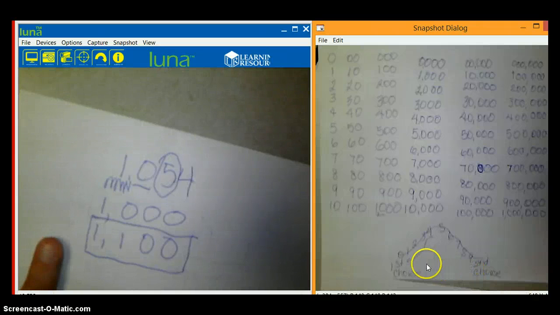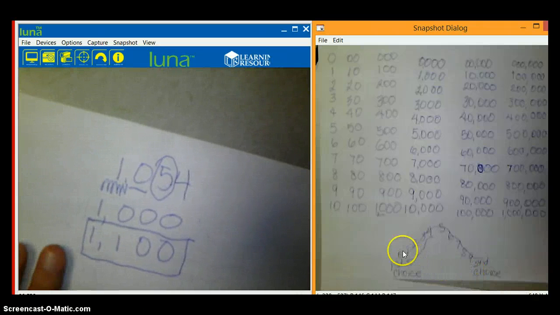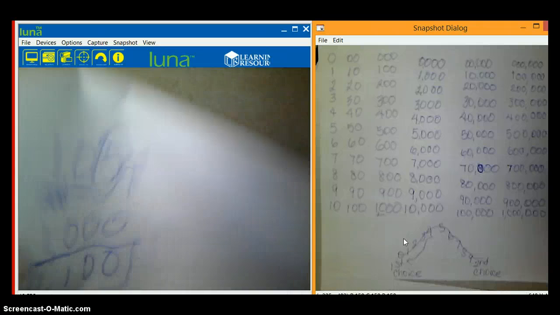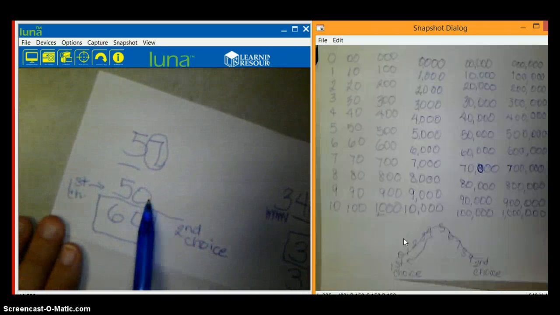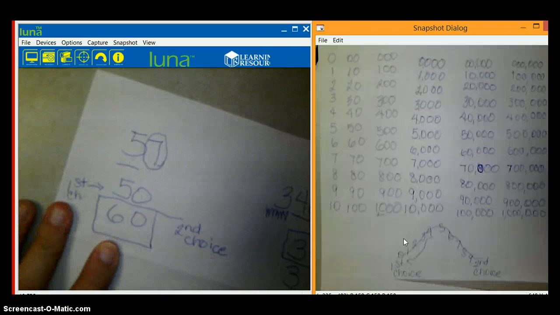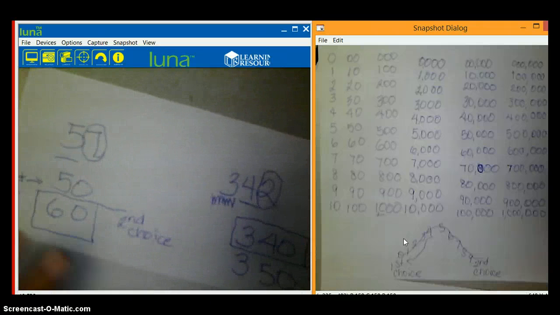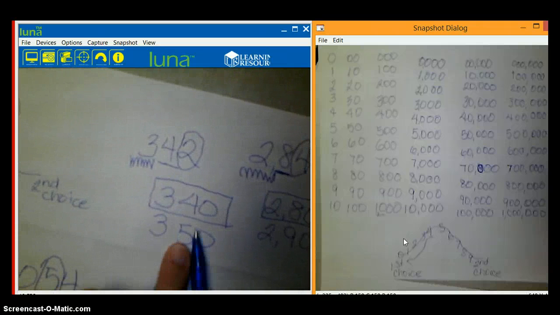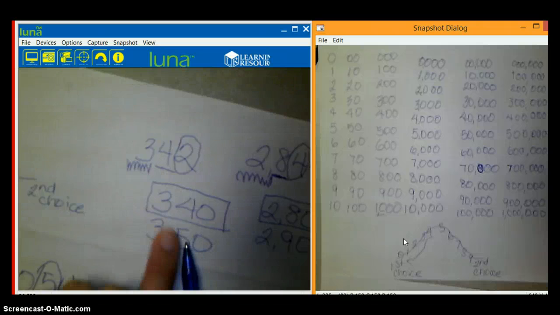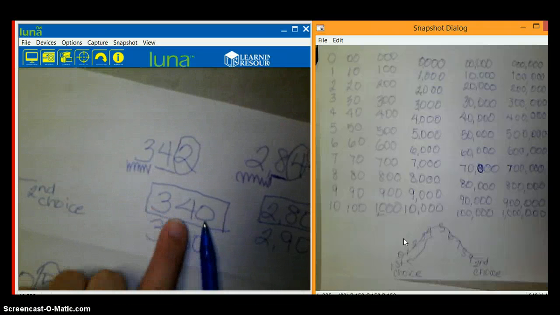Okay, now, one more thought. When I did the tens place, if you notice, the answers were tens. I have to have tens if I'm rounding to the nearest 10. The first number doesn't always have to be a 10, but the rest of it does if I'm rounding to the 10. So 340 is a 10.